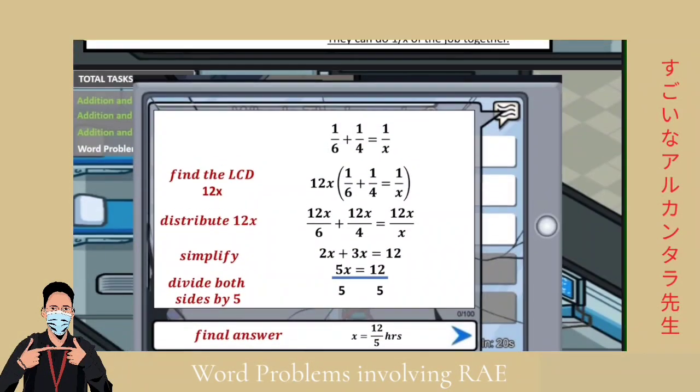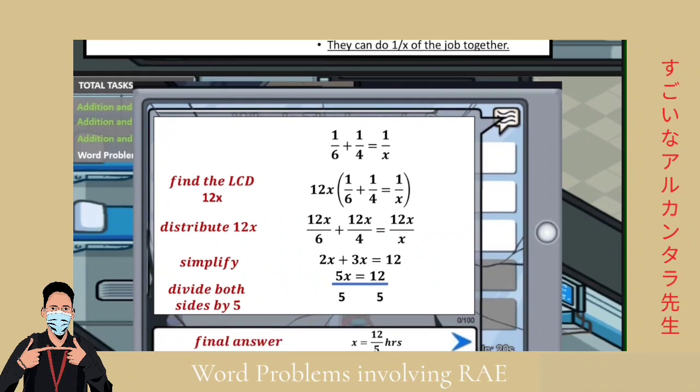In this case, you will now have 1 over 6 plus 1 over 4 is equal to 1 over x. How did this happen? Why are we adding the two fractions and we are equaling it to another fraction, or an RAE? The reason for this is that we want to check out the value that they will work together.